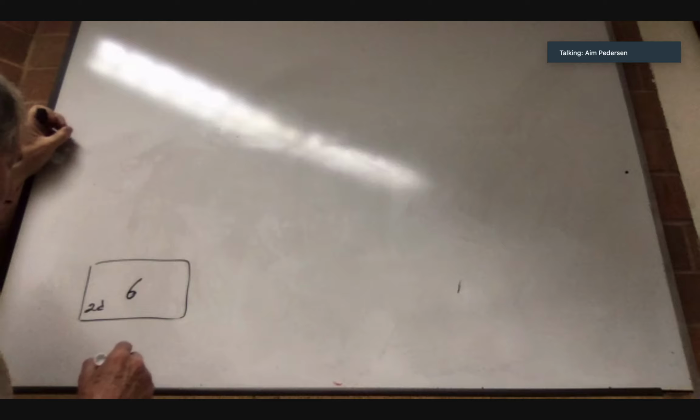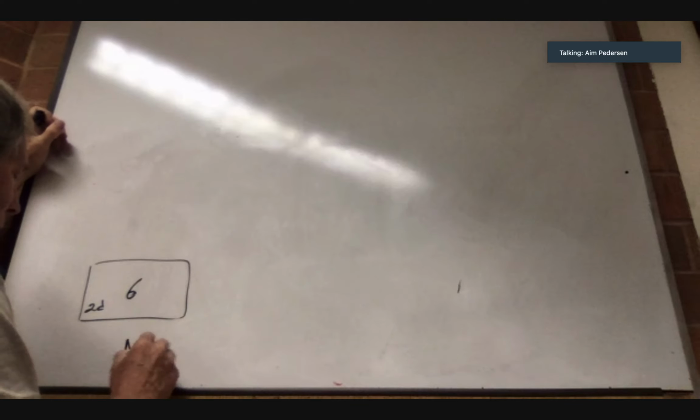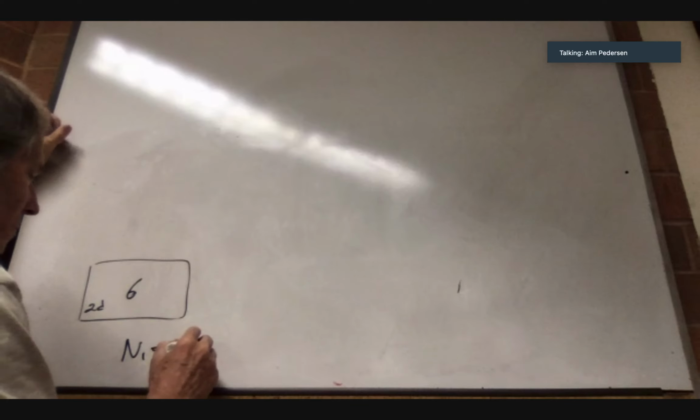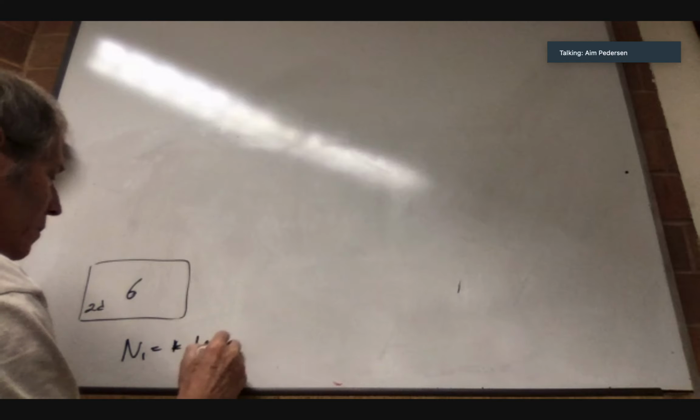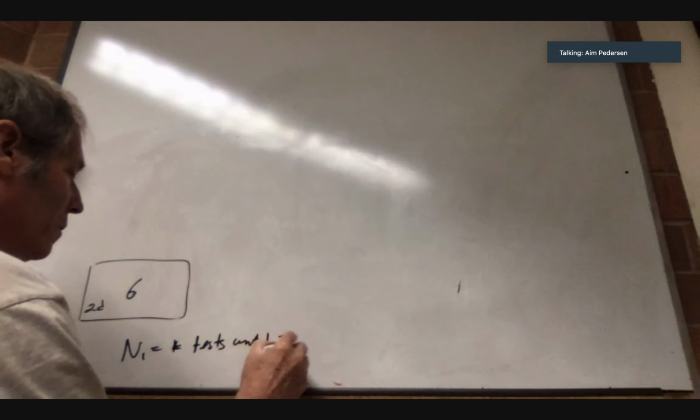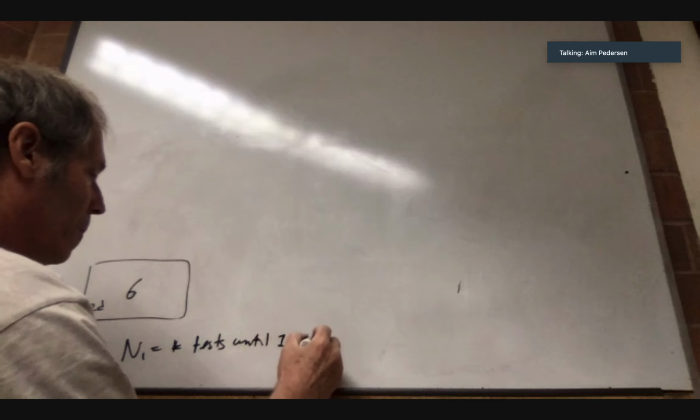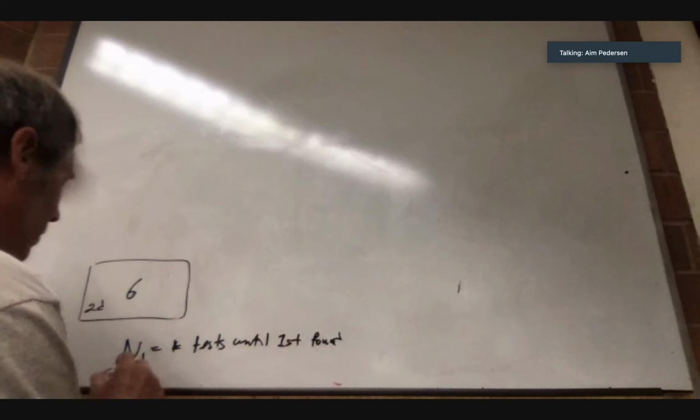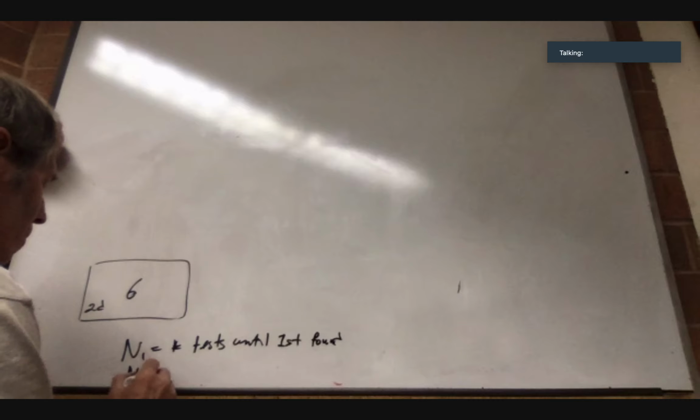Denote N1 by the number of tests made until the first defective is identified, and N2 the number of additional tests until the second defective is found. Find the joint probability mass function of N1 and N2. I took this out of a source, so I haven't really looked at it. What was your issue with it? I don't get it. I'm sorry. I don't understand the situation.